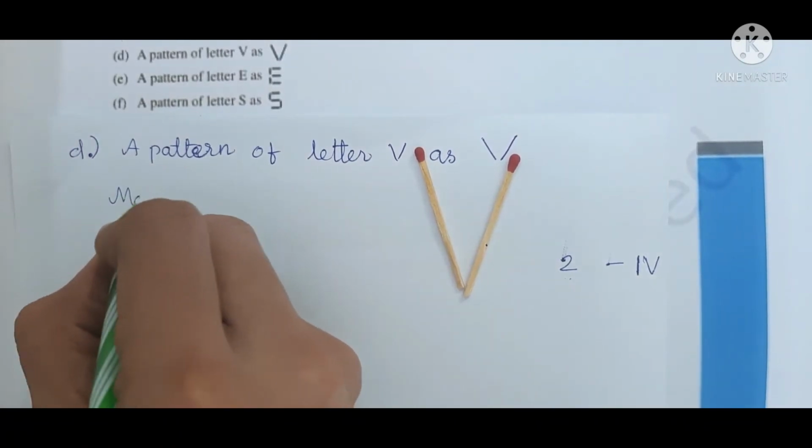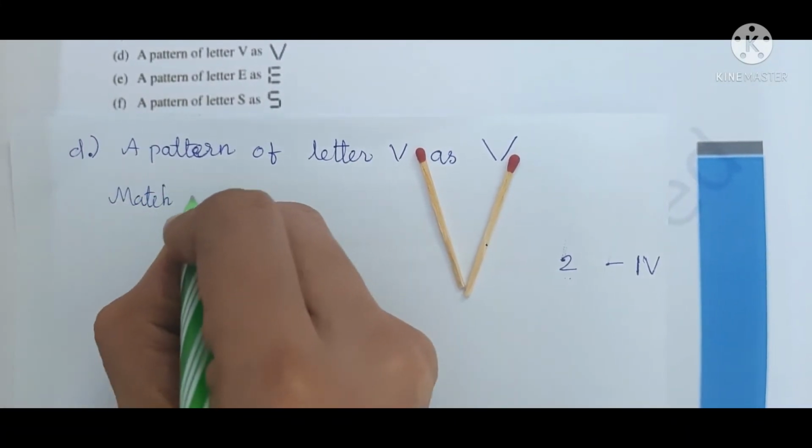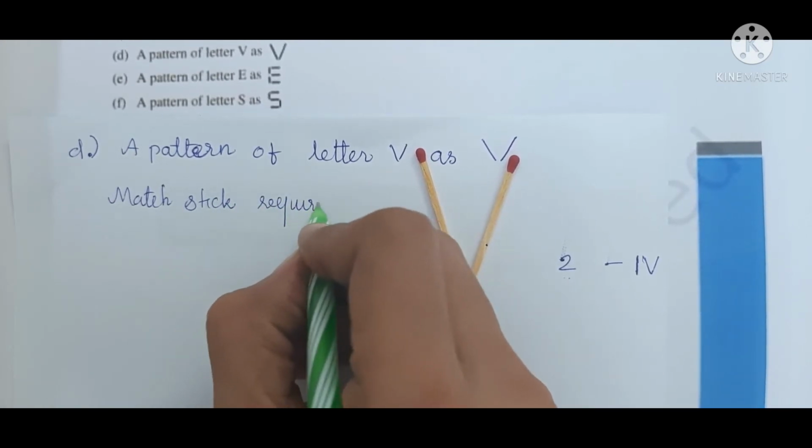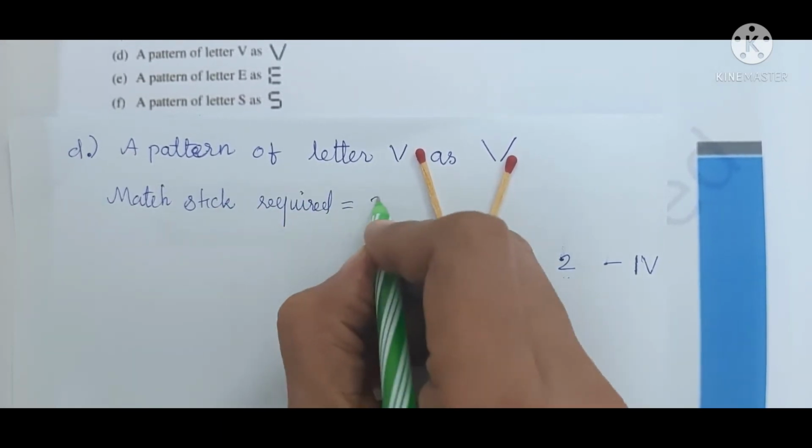So coming to the rule. Matchsticks required is equal to 2.